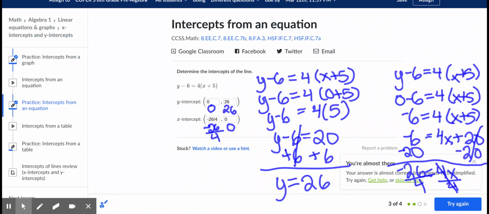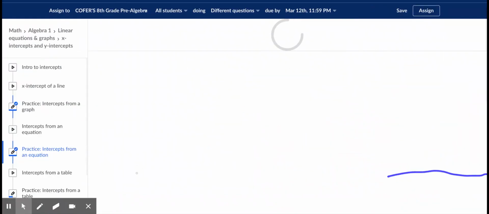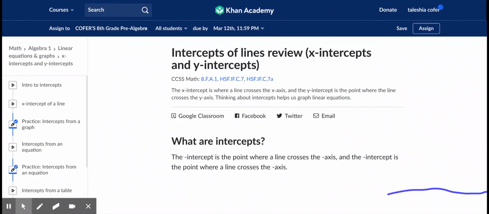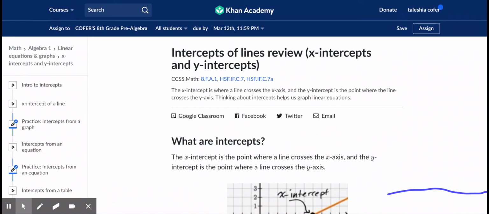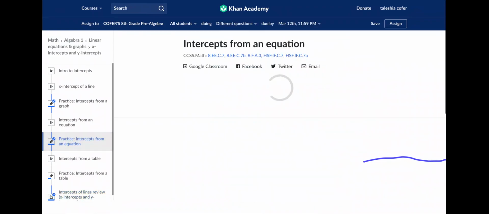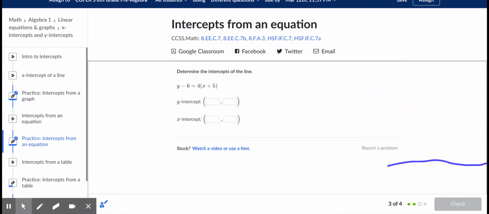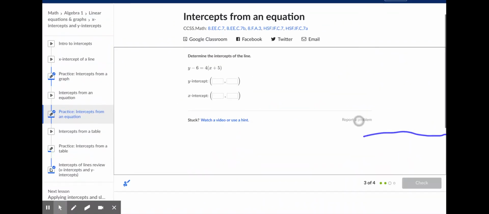Oh, we have to reduce it. Oh my goodness, I think I broke it. See if I can go back. And all my work is gone.